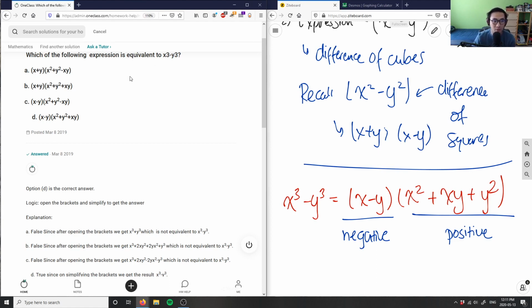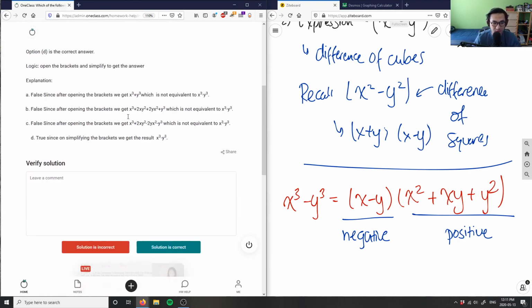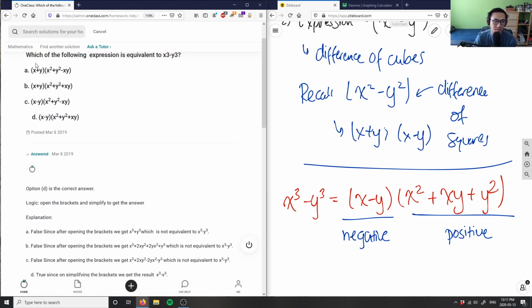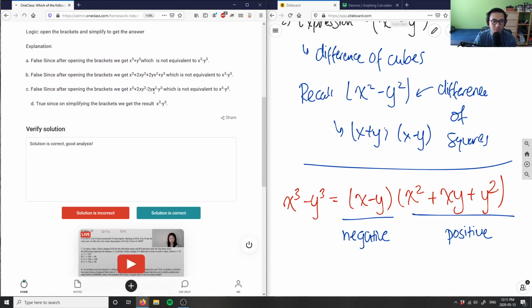So this would have been equivalent to x cubed plus y cubed. And again, you could always take the long route and expand the brackets, and you'll figure out that D is the only correct answer. So the solution here is correct.